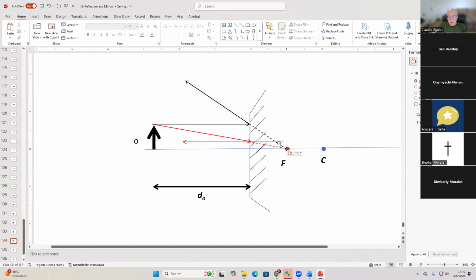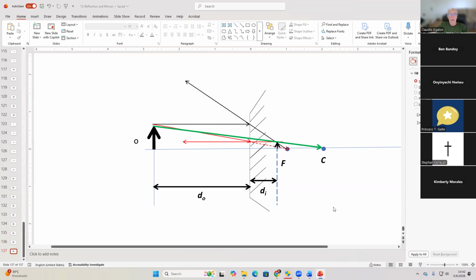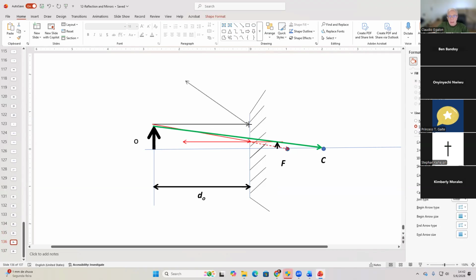This one is supposed to do the same, but let's do just that, otherwise we fall too far behind. Image is formed at this point. Good. I have to do this other one too: shrink it and paste it, shrink it and paste it. Good.